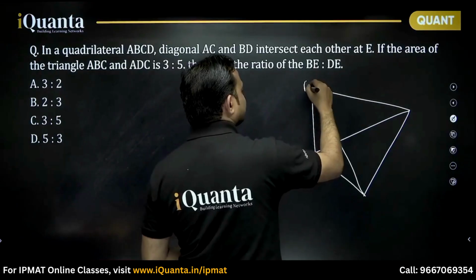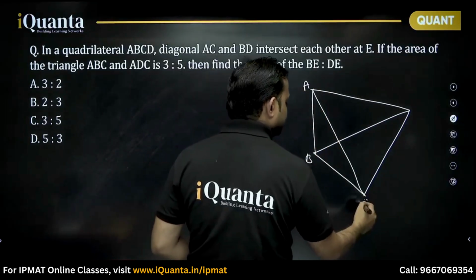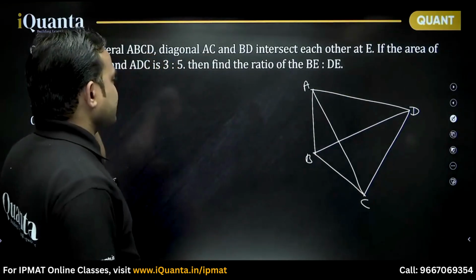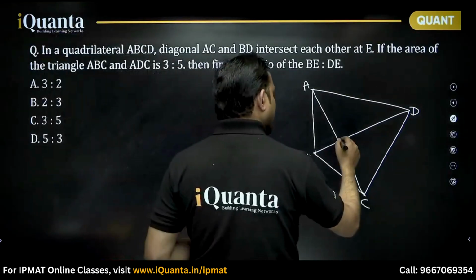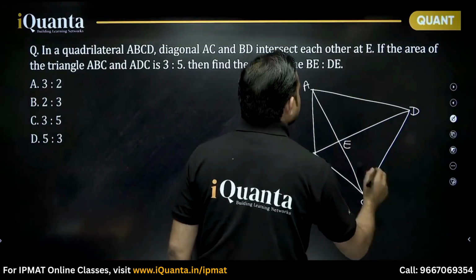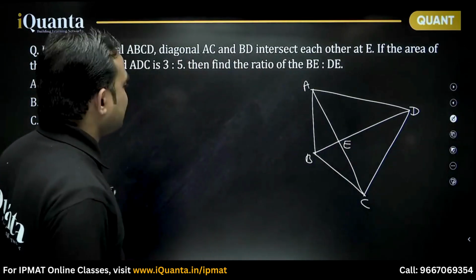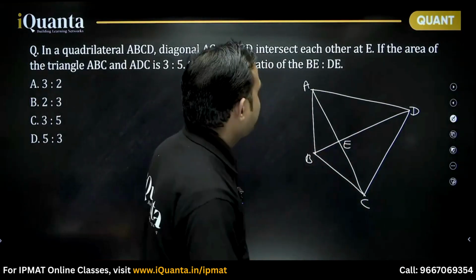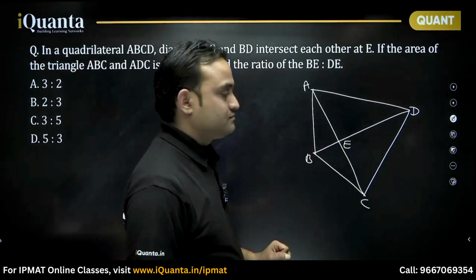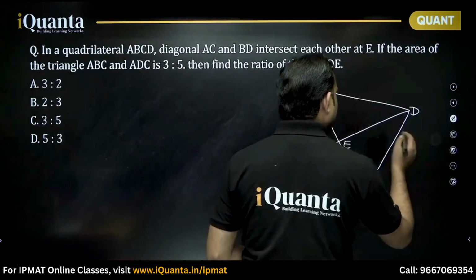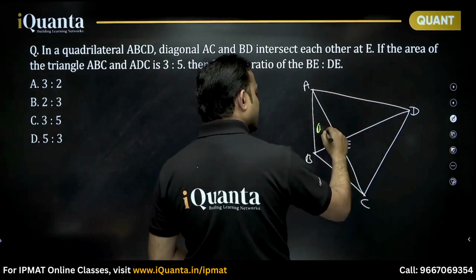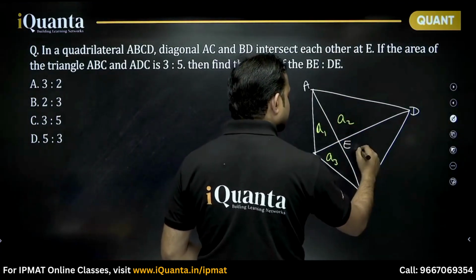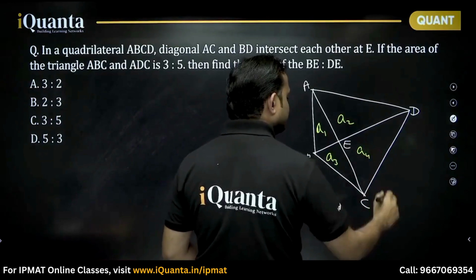So A, B, C and D. Now it says diagonals AC and BD intersect each other at E. Let's say this is E. If the area of triangle ABC to the area of triangle ADC is 3:5, what is BE to ED? Now let's say the area of this triangle is A1, area of this triangle is A2, this triangle is A3 and this triangle is A4.